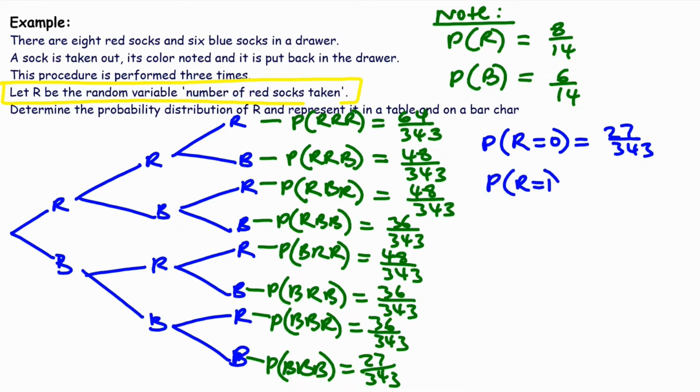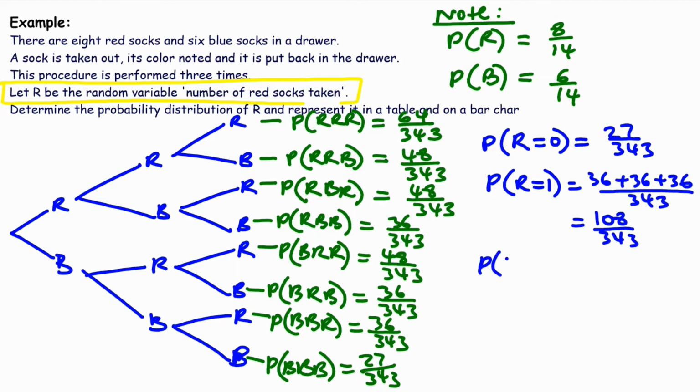The probability of obtaining 1 red will be 36 plus 36 plus 36 over 343, and that simplifies to 108 over 343.